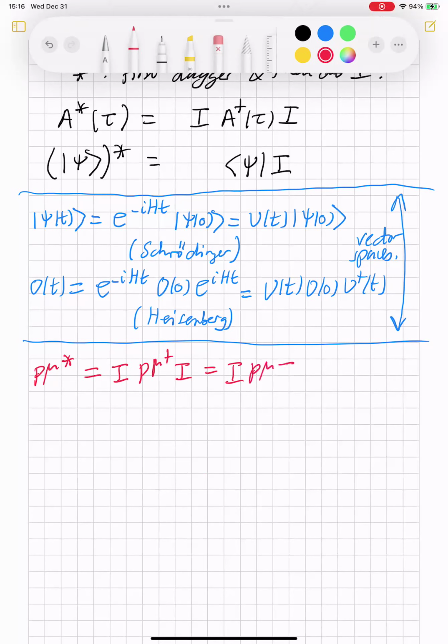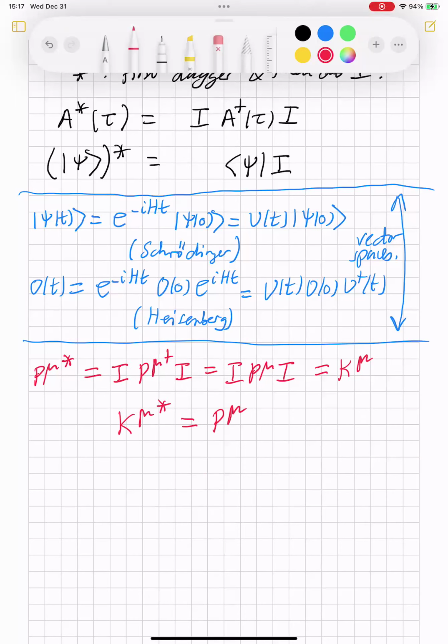So now we've got I P mu I. And you have checked in the exercises, and it's a simple thing to check, that I P mu I is nothing but K mu. So on the plane, P mu star is K mu. And you can check it's almost an identical computation that K mu star is just P mu. So the special conformal transformation, when you dagger it on the plane in radial quantization, it goes into P mu.